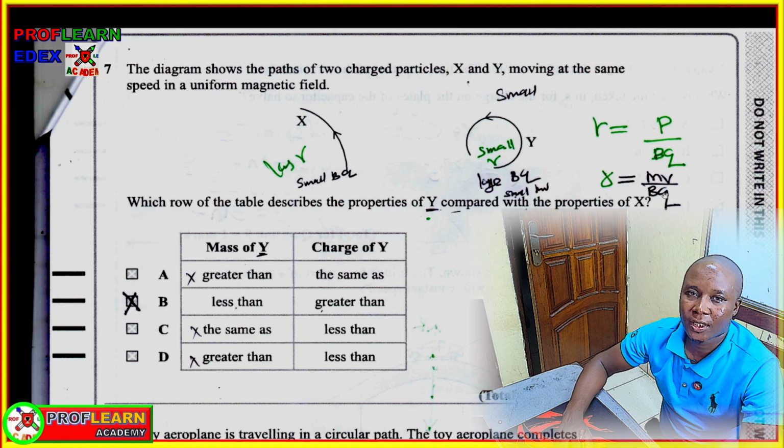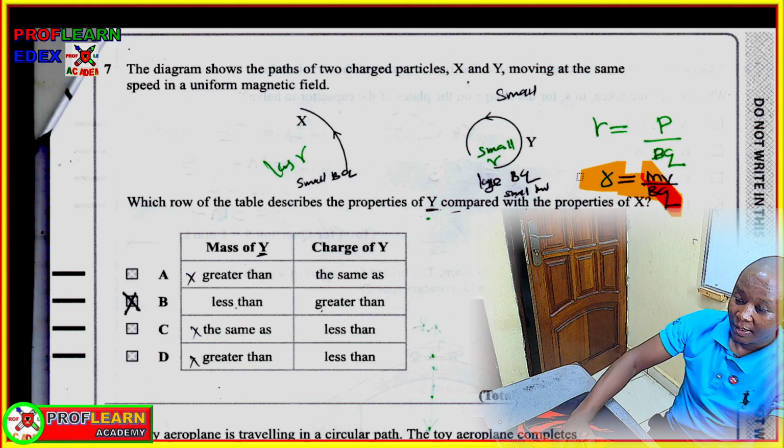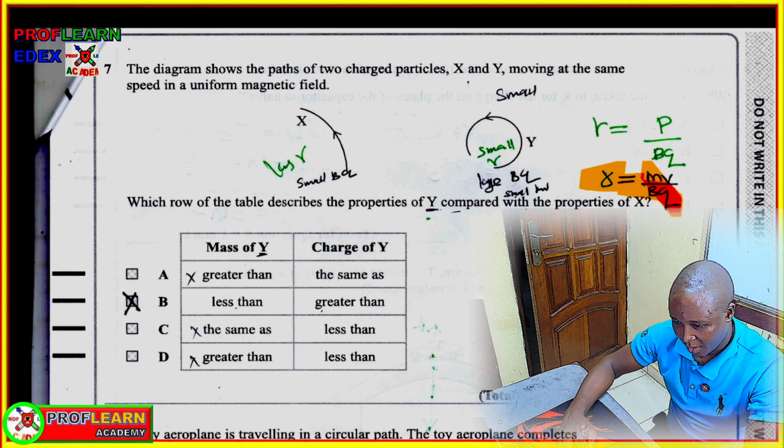Once you increase the charge, we get a smaller radius as the charge keeps increasing. The most important thing is to make sure you remember how to use this formula, because that is a concept that is going to be tested.